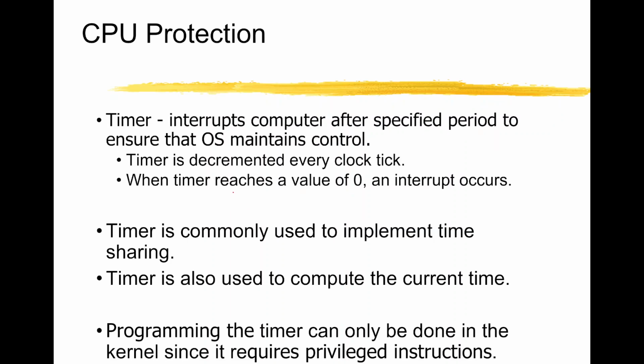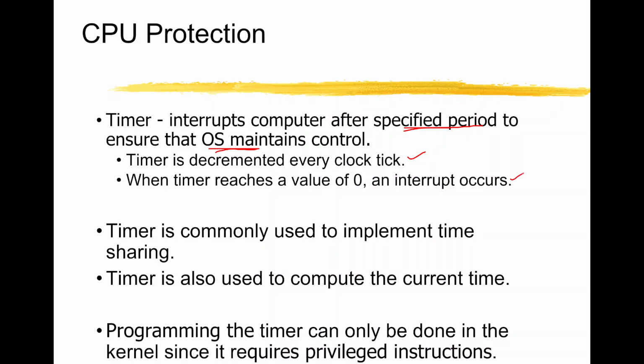A timer interrupts the computer after a specified period to ensure that the operating system maintains control. The timer is decremented every clock tick, and when the timer reaches a value of 0, an interrupt automatically occurs.